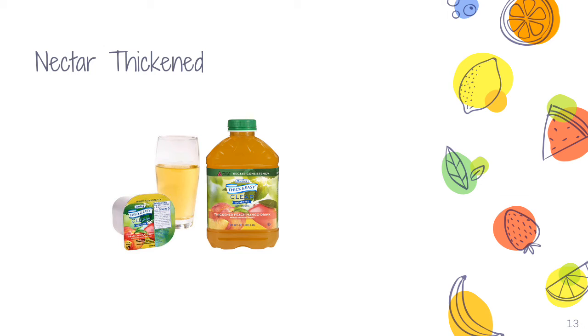Sometimes patients also need to be put on a thickened liquid diet if they have problems swallowing their drinks. Nectar thickened drinks can be easily poured and are mildly thick. Drinks like milk, water, tea, and juices all have to be thickened.